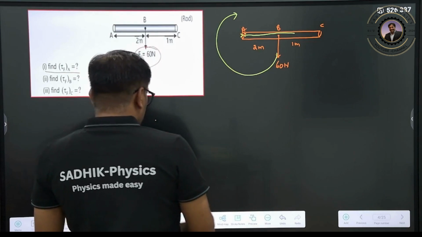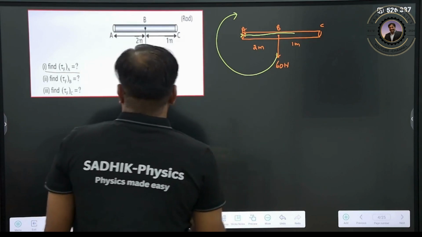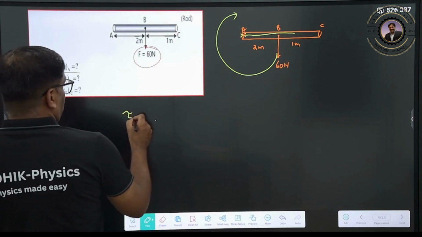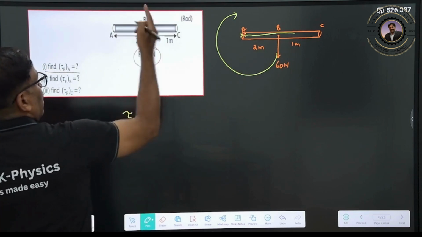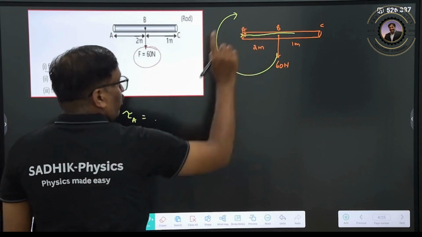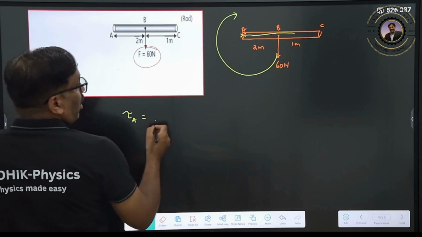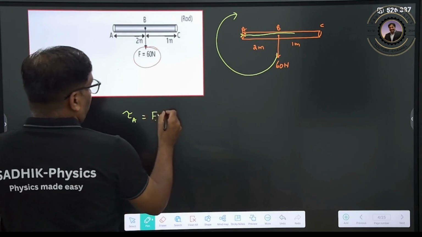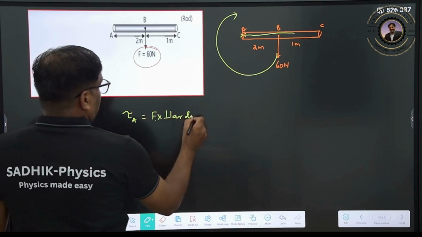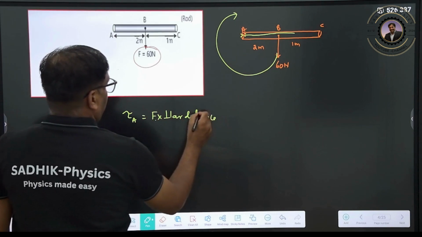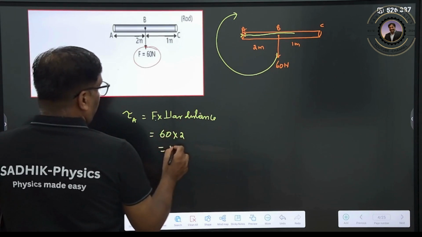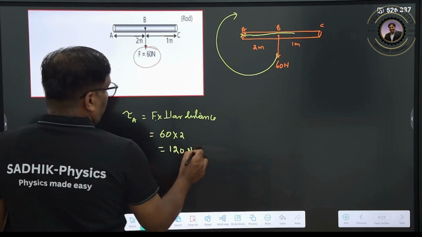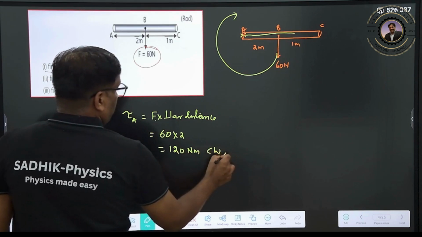Clear? Now what can you write? Torque at A is force into perpendicular distance. The rod is massless, so the force acts onto this. Very simple: force is 60 into 2, therefore 120 newton meter, clockwise.